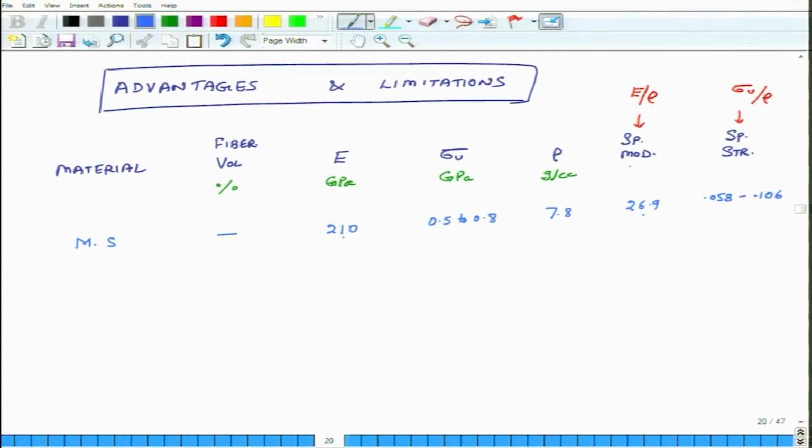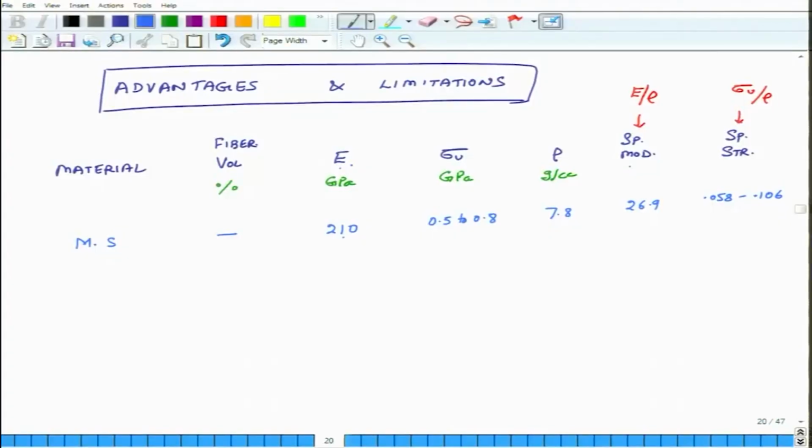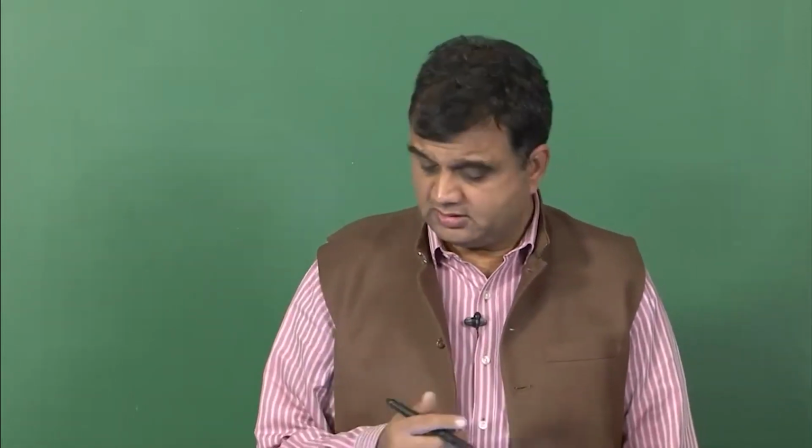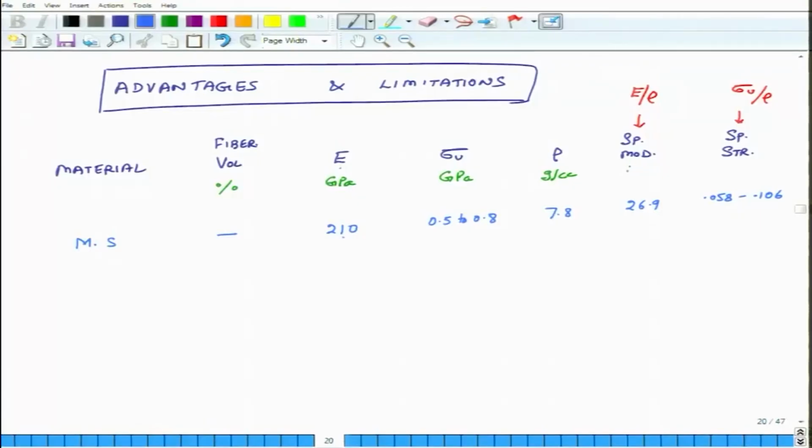Now, what does a specific modulus mean physically? It means to produce the same amount of stiffness. See, this E is related to stiffness. We talked about it a couple of lectures back, and strength relates to the ultimate tensile strength of the material. So, to produce the same amount of strength, here I have to use a heavier material, 7.8 is the density.